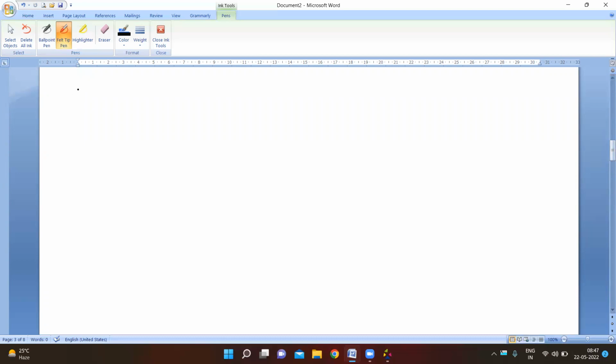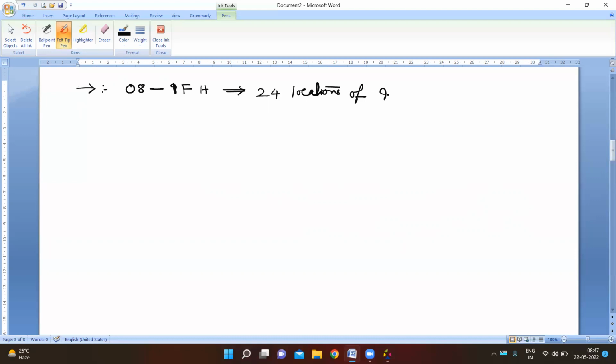And before the program, I'll mention the salient points of the stack pointer. The locations available for the stack are 08H to 1FH. So in total there are 24 locations of internal RAM, most generally used for stack operations.